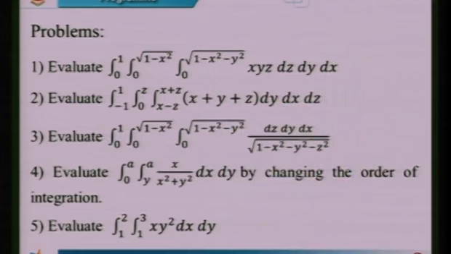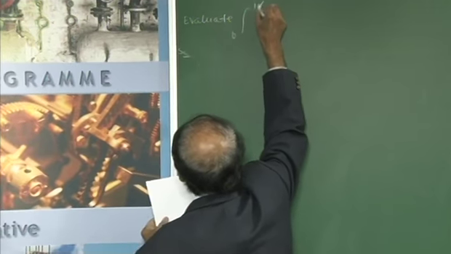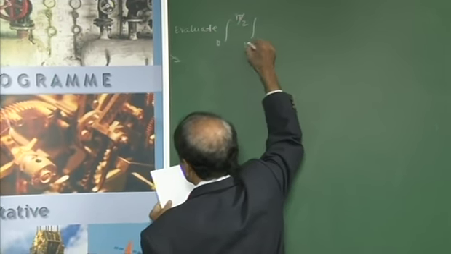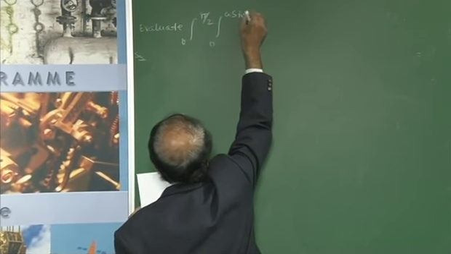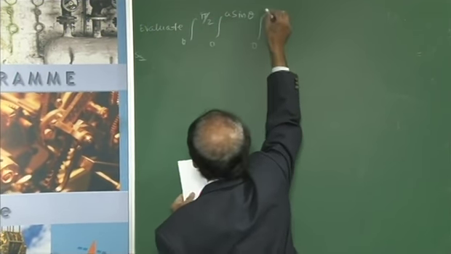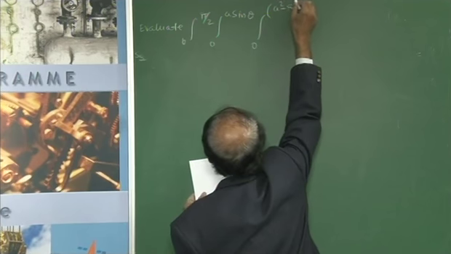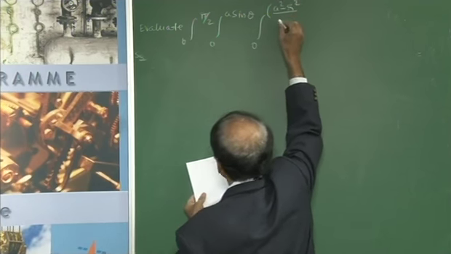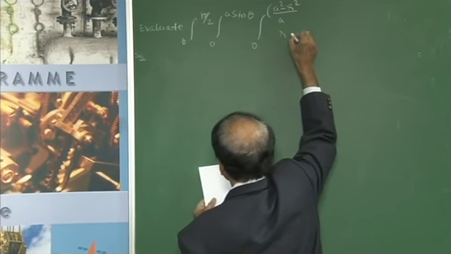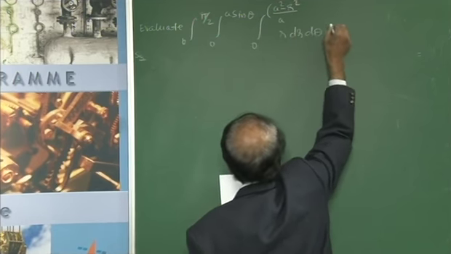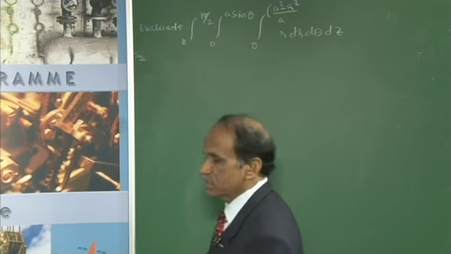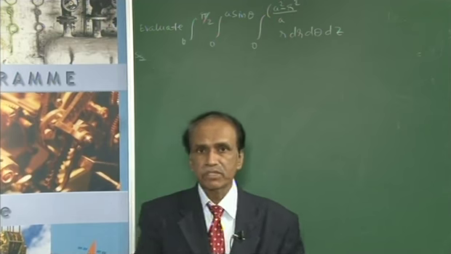Here also a polar coordinates problem, which I will write as a sample, that is evaluate 0 to pi by 2 and 0 to a sin theta and 0 to a square minus r square divided by a, r into dz dr d theta. This is another sample which you have to consider.